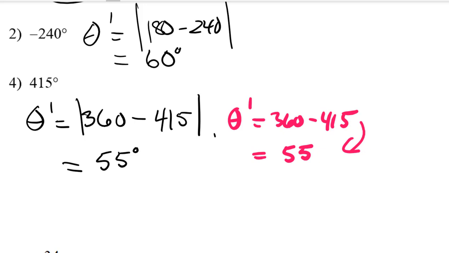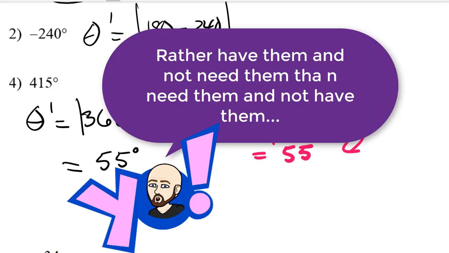The result you would get if you subtracted 415 from 360 is not positive 55, it'd be negative 55. The way to avoid that is to put the absolute value bars around it. I'd rather have them and not need them than need them and not have them.